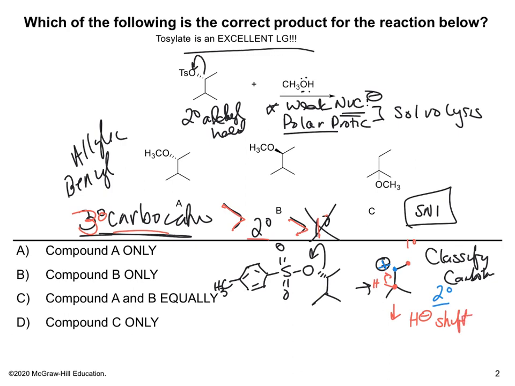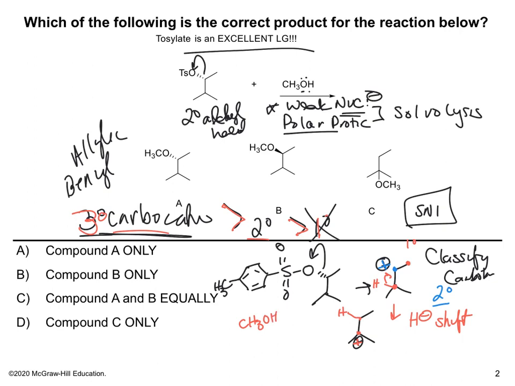And that means this hydrogen takes its 2 electrons to make a more stable carbocation. So it just trades places. That hydrogen goes here on that carbon, and then this becomes the carbocation, and now your nucleophile comes in.